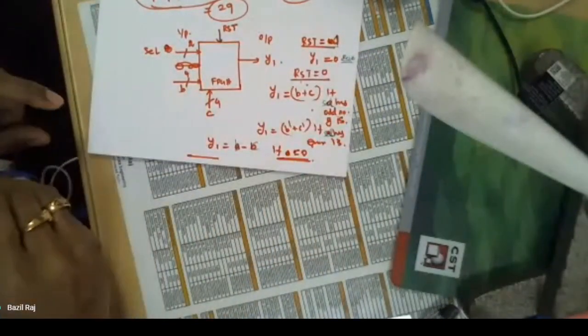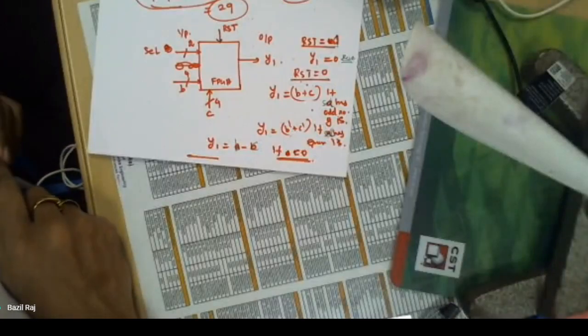If RST is equal to 0, Y1 is equal to B plus C if select has an odd number of ones. Odd number of ones means 0,1 or 1,0. Otherwise, Y1 is equal to B dash plus C dash if select has an even number of ones, 1,1.